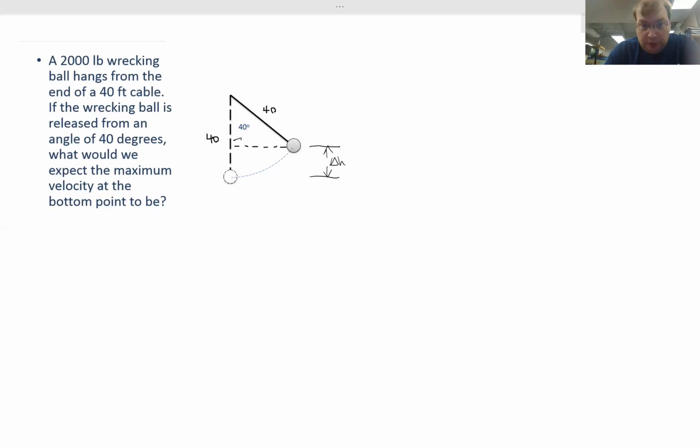That delta H is observable in that we have this 90-degree angle, allowing us to find, due to geometry or trigonometry, the change in height between the initial height and the final height.